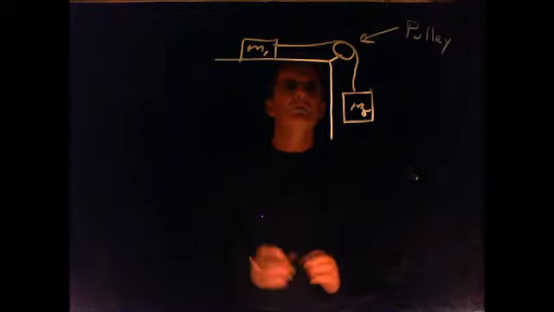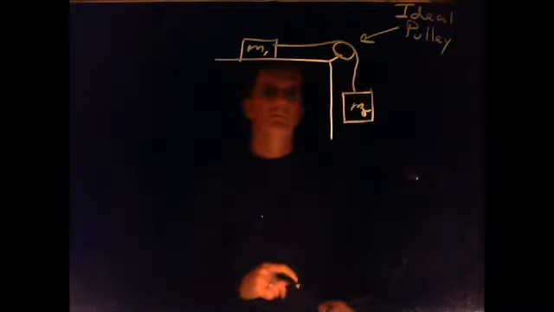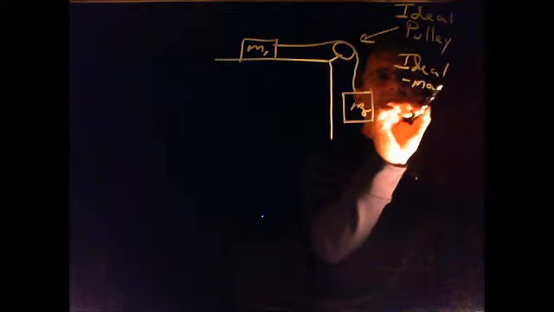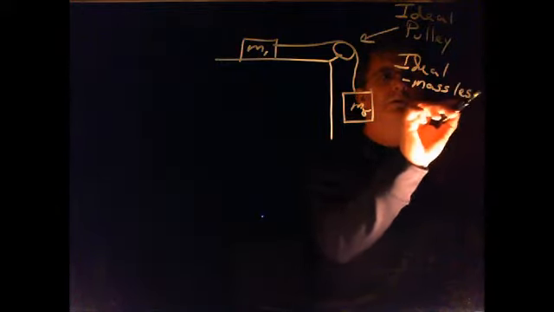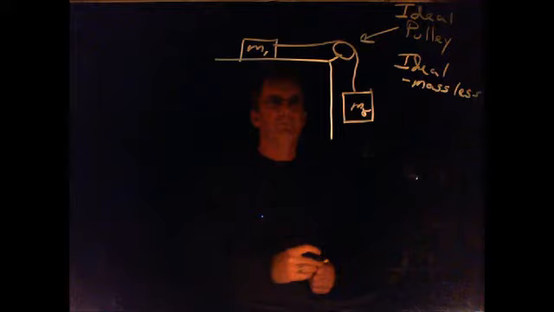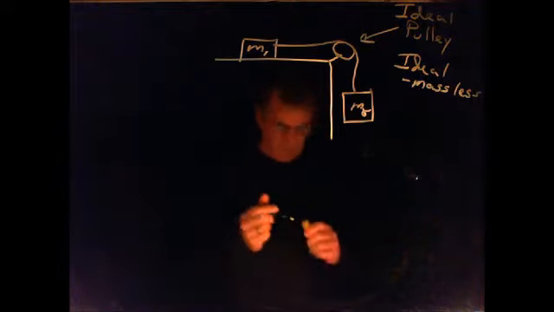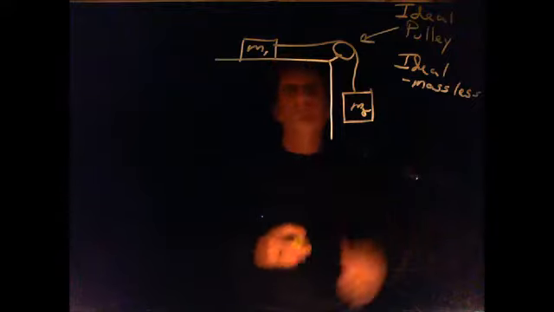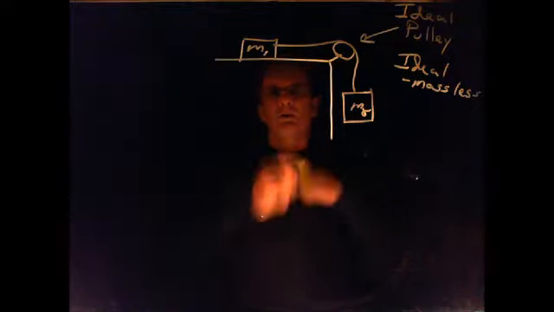Now, in this particular problem, we're going to say the pulley is ideal. When we talk about an ideal pulley, that means it's massless. The pulley itself has no mass. It also means that there's no friction, and we always pretty much assume this with problems. There's no friction with the pulley spinning.